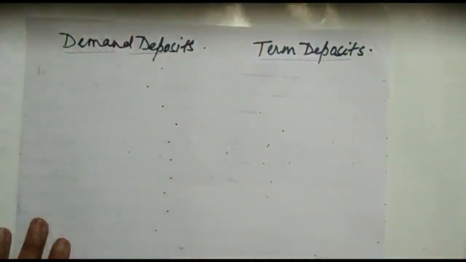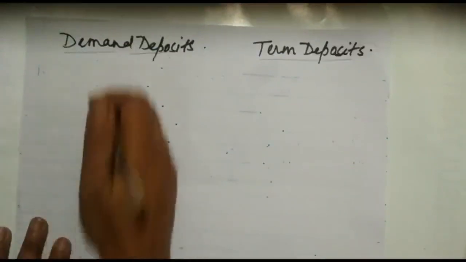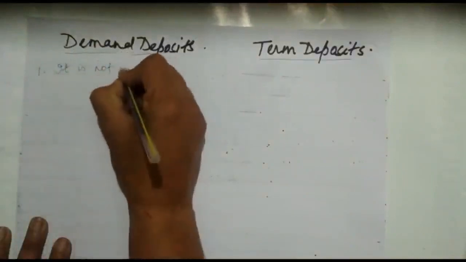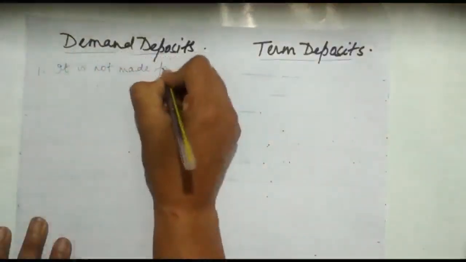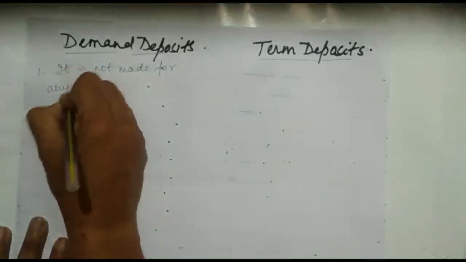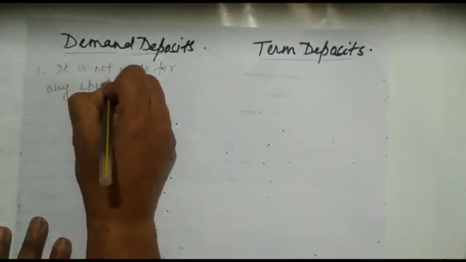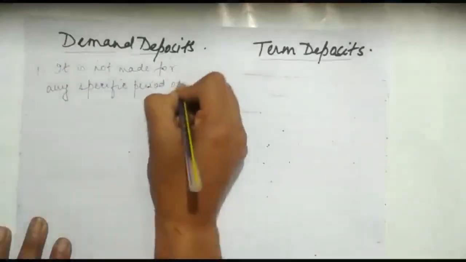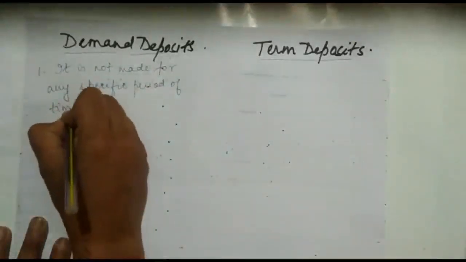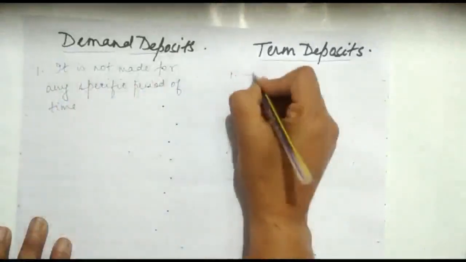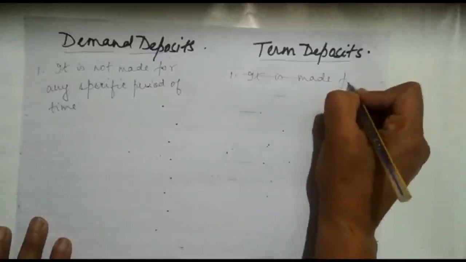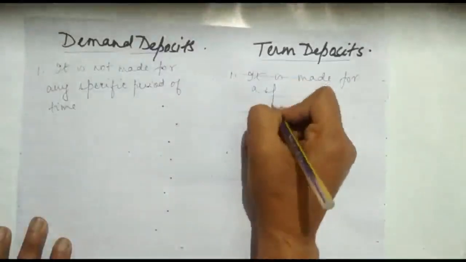It is not made for any specific period of time. And term deposits are made for a specific period of time.